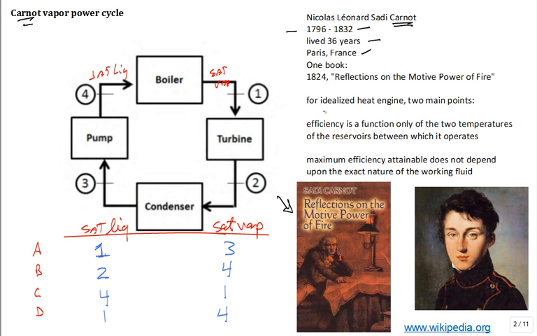He said, I think that the efficiency of our heat engine is a function only of 2 temperatures, which are the reservoir temperatures between which it operates. It has to ingest some heat and has to dispose of some heat, and it tries to convert as much of the heat that it ingests into work.